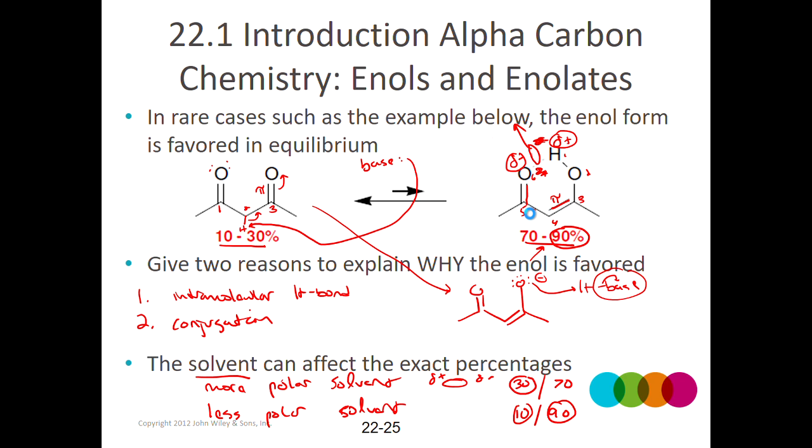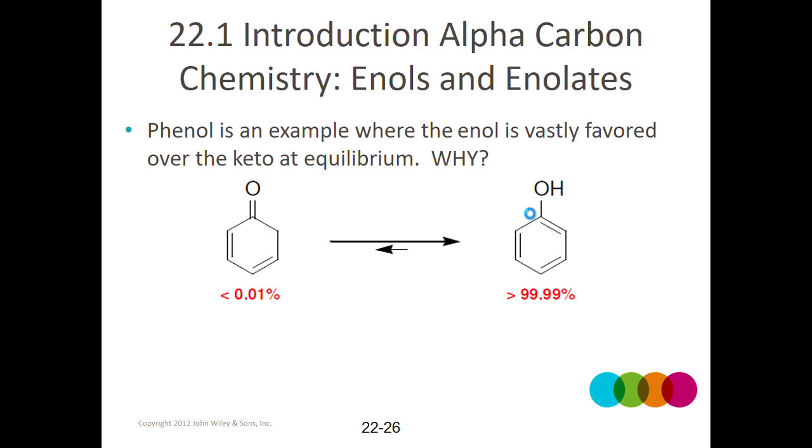One other example where the enol is actually favored, another kind of unusual situation, is where the enol creates an aromatic ring. And we already know the name of this compound is phenol. We've seen that in the aromatic chapter. What makes the phenol stable is the ring is aromatic.